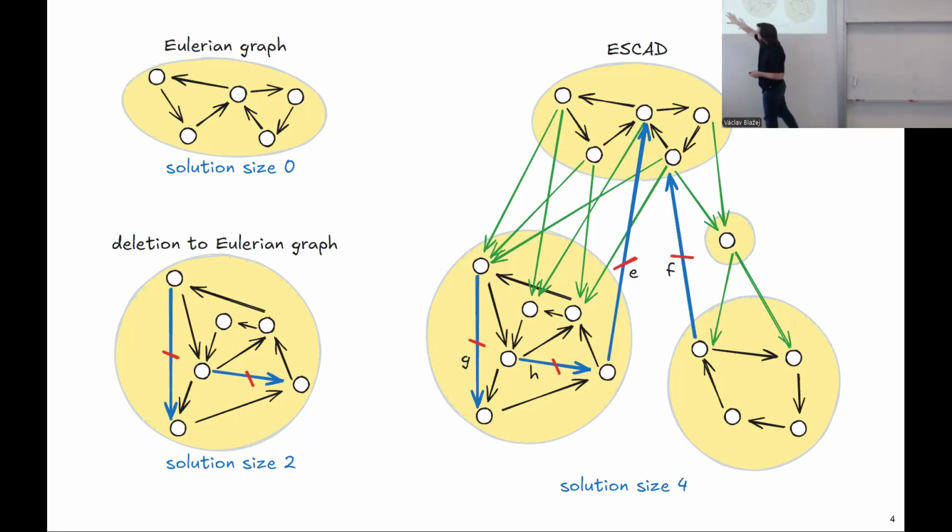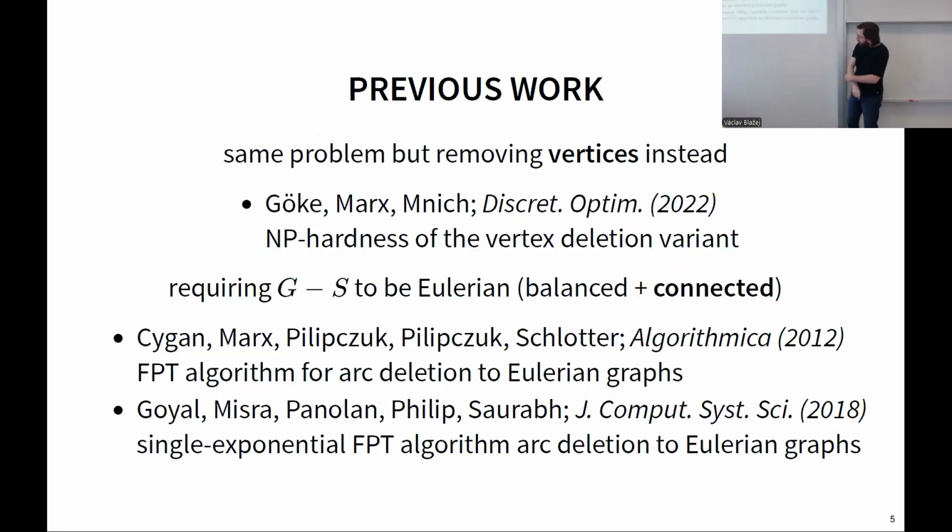That's like a different variant, right? Because you have no green edges like that. So that would be deletion to Eulerian graphs. But in our case, yeah, the big difference are these green edges. In the past, that was the variant that was also studied. So if you want it balanced and connected, then there are these 2 papers that studied it before.